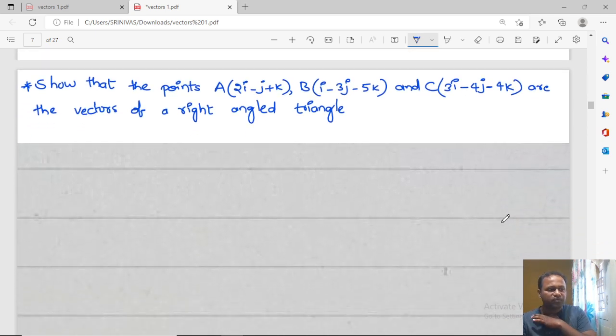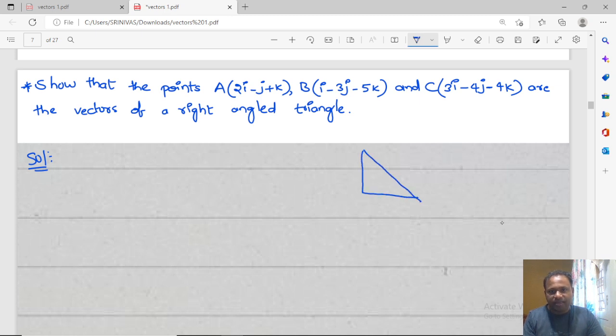This is also a frequently asked question. See the question. Based on this question, 2 to 3 problems will be there, but now I will explain only one problem, and similarly you have to do 2 more problems. So one triangle is there with A, B, C as vertices.